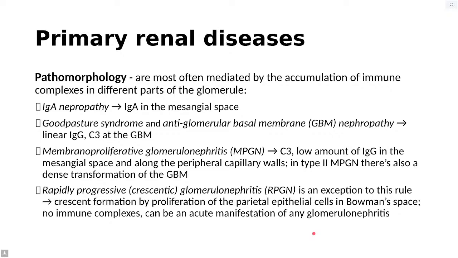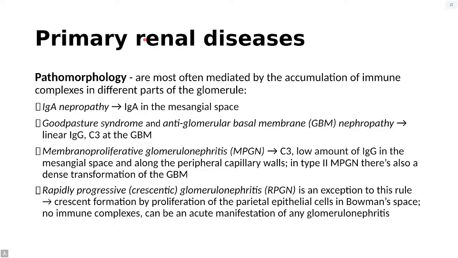The second group of disorders with nephritic syndrome is primary renal diseases. Pathomorphology: these diseases are most often mediated by the accumulation of immune complexes in different parts of the glomerule.